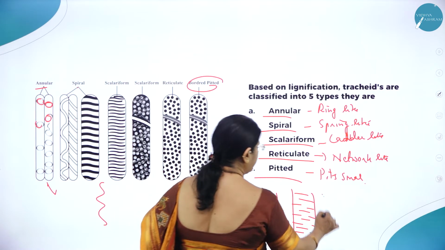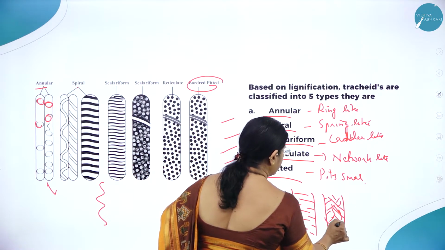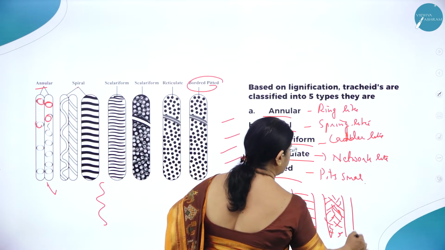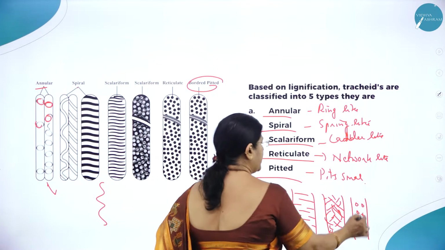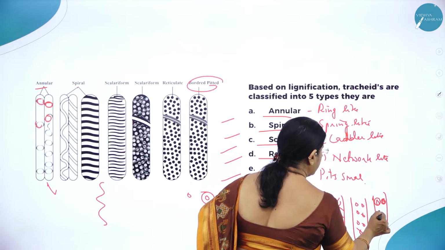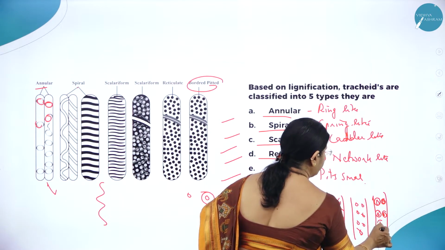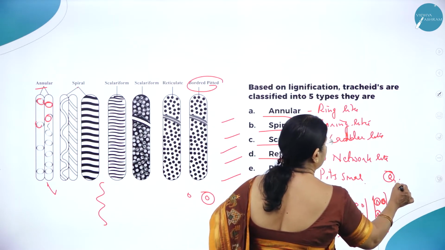Then reticulate, in the form of a network. Then this is called simple pits, and this is called the bordered pit. There is an overarch over the simple pit. So if there is an overarch, this is called a bordered pit.